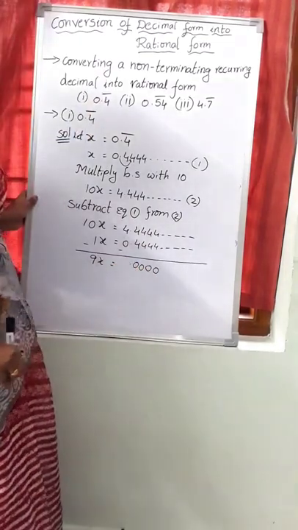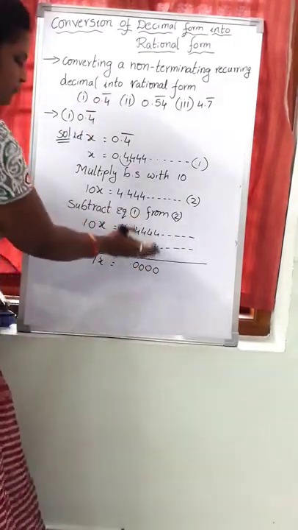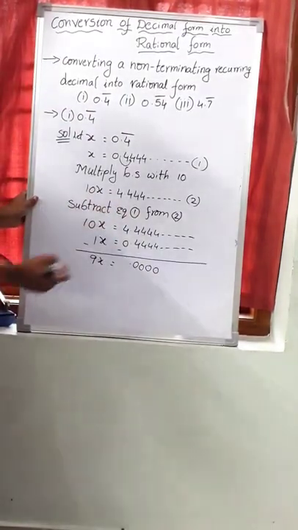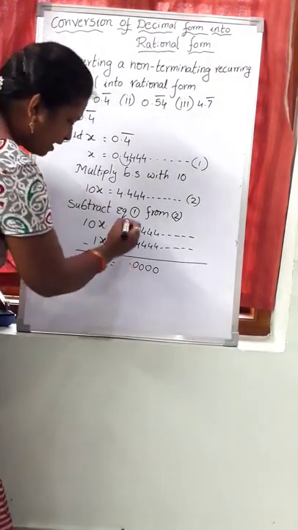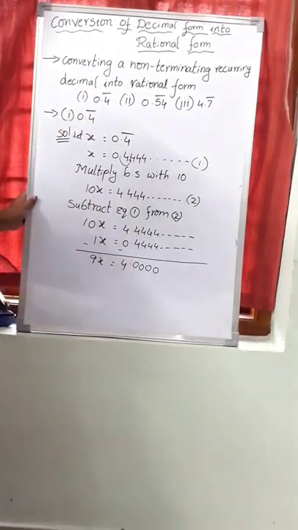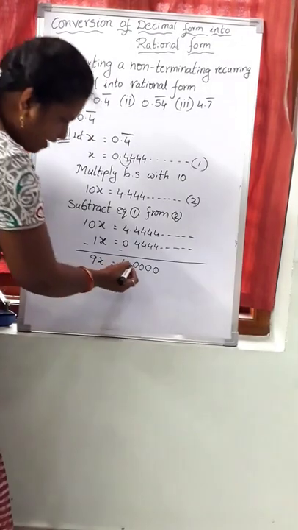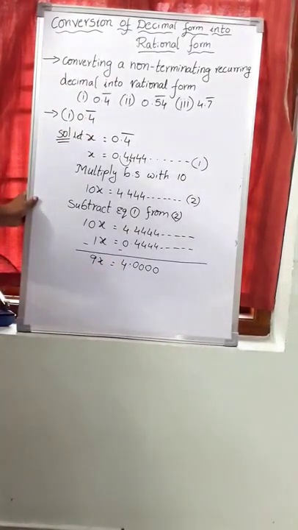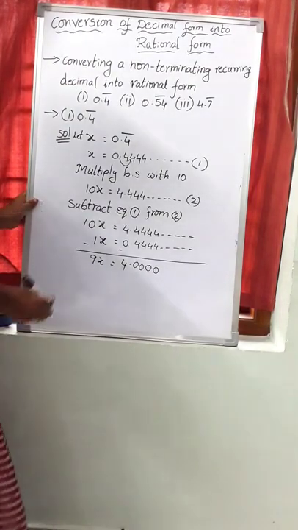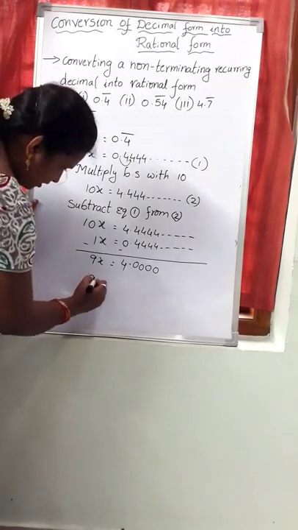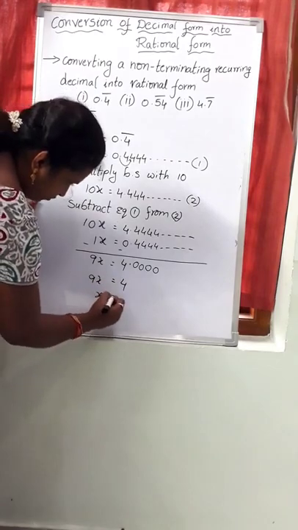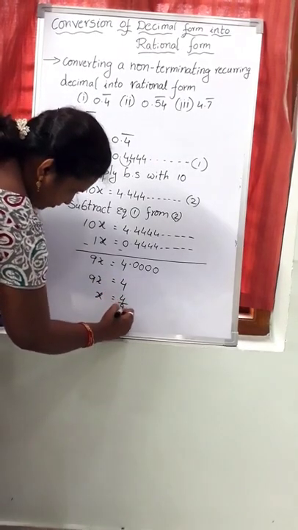And it is point, and you have to subtract the decimal part from the decimal part and whole number part from the whole number part. Here whole number part is 0, so 4 minus 0 is 4. And we are having all zeros after the decimal place. If all are zeros after the decimal, then we can remove the decimal. So we can write it as 9x is equal to 4, and x is equal to 4 by 9.